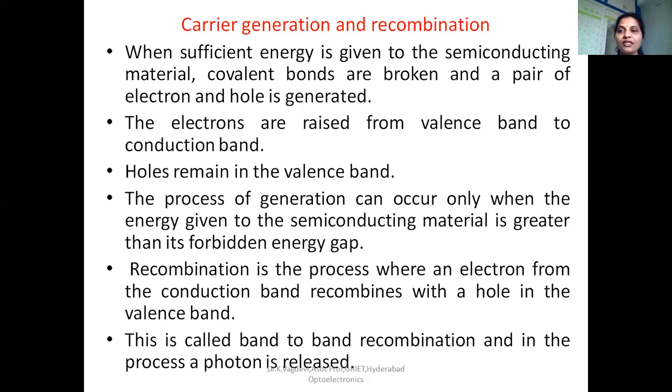That's why in semiconductors, there is always a chance of creating two types of charge carriers: one, a hole in the valency band, and the other, an electron in the conduction band, which is not the case in metals, though they are good conductors. This is called band-to-band recombination, and in this process, a photon is released.